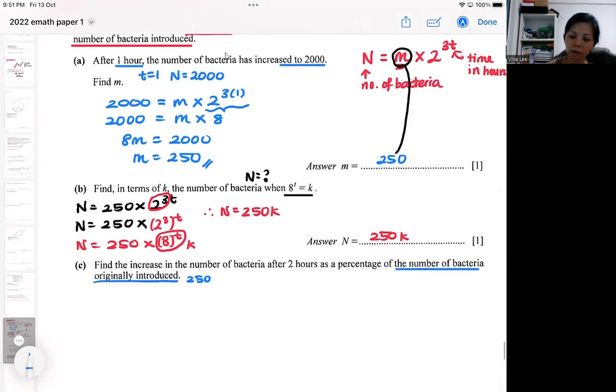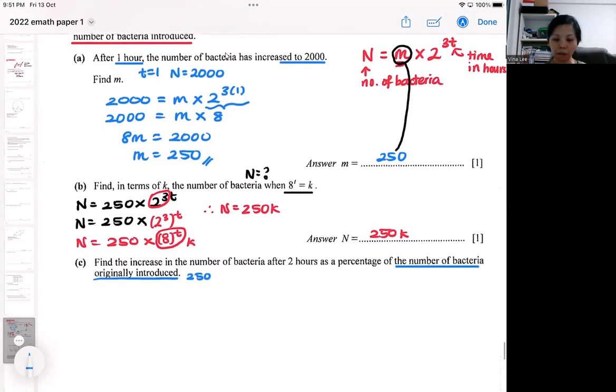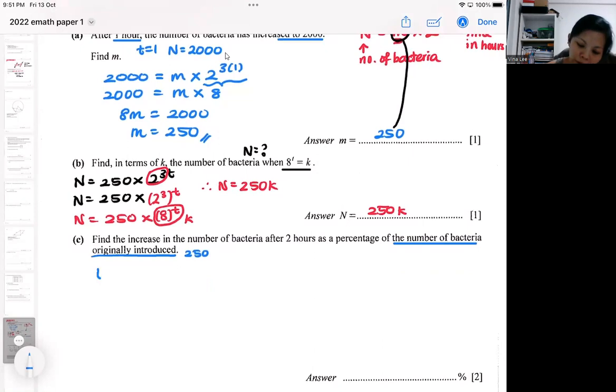So after 2 hours, what is the increase in the bacteria? So I'm going to find out when it is actually 2 hours, how many bacteria are present. So I put it into my formula. 2 hours.